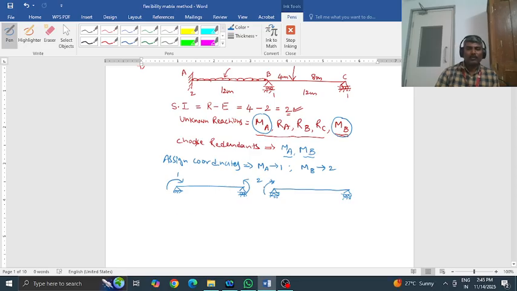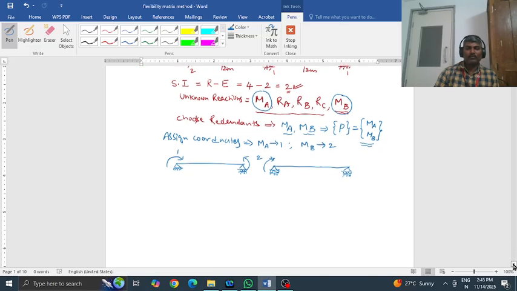Now your job is to find these two extra unknowns, those are redundants. In matrix form, in the flexibility method, we call this the P matrix, that means the redundant matrix, MA, MB. The entire procedure is to solve these two unknowns.